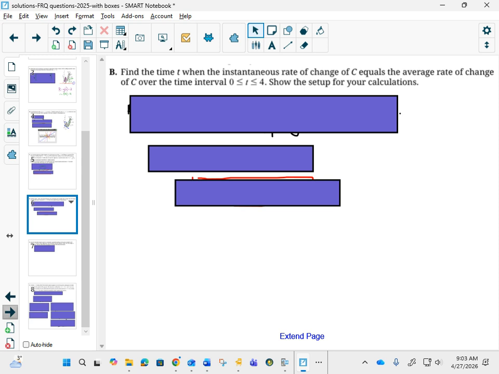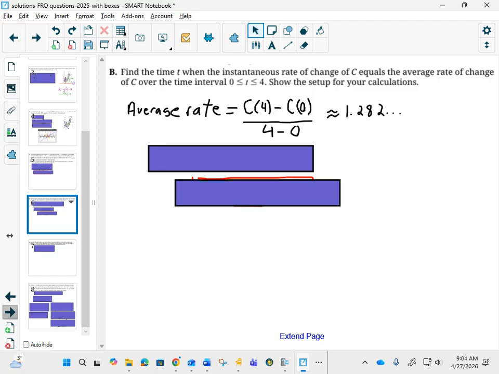Find the time when the instantaneous rate of change is the derivative, right? Instantaneous rate of change equals the average rate of change of C over the time. Okay, so now we've got average rate of change, instantaneous rate of change. So the average rate here would be the secant line.